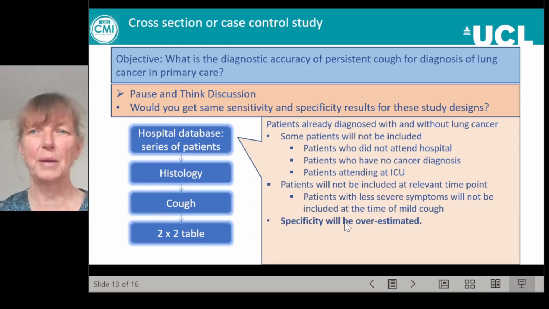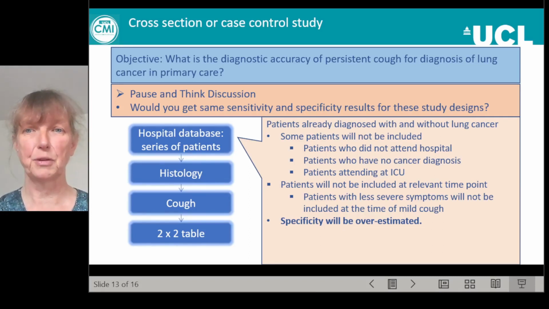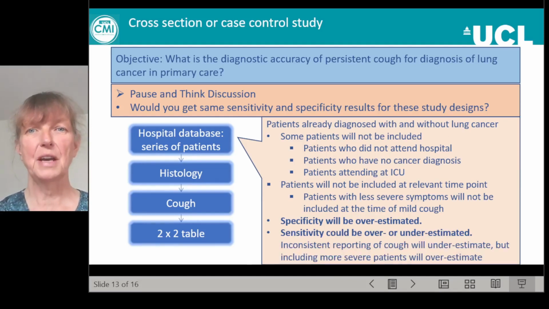So what we know from this study is that specificity will be overestimated. We'll be missing the false positives that might have come from patients who didn't attend the hospital and who weren't referred to hospital. With sensitivity, I'm not sure what will happen. It could be overestimated or underestimated.